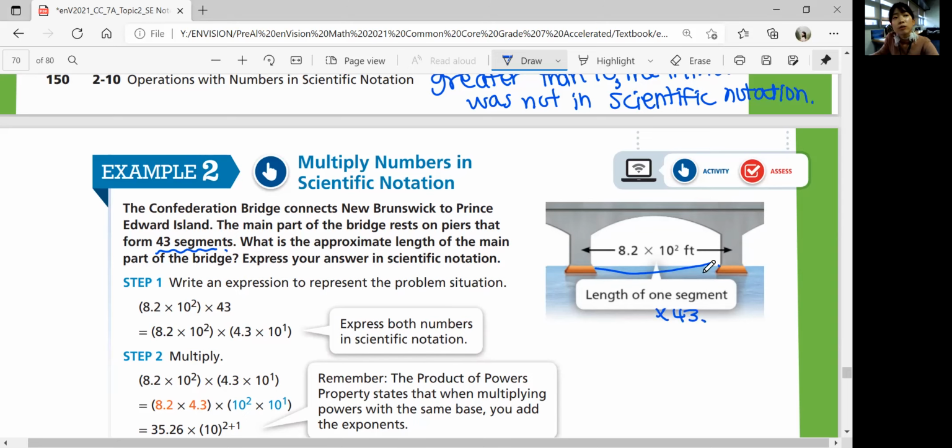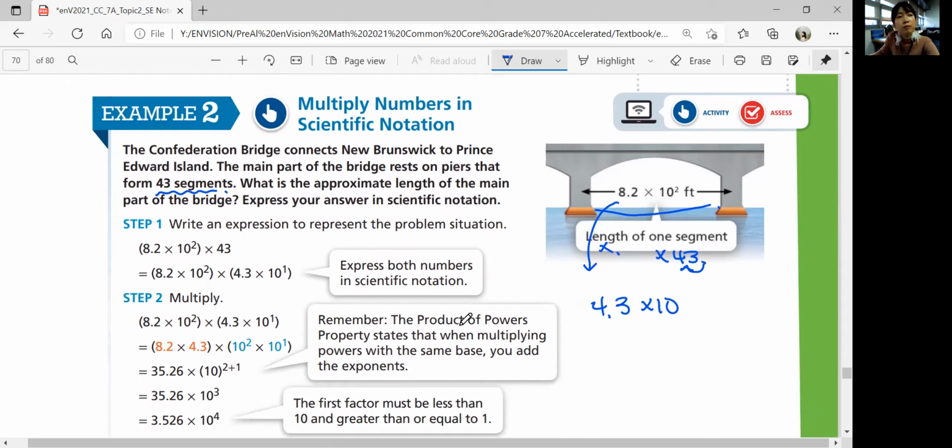And so you can say, I'm going to write this in scientific notation because you have to express your answer in scientific notation. So you're going to start with scientific notation in the beginning as well. So what's 43 in scientific notation? Move the decimal place by 1 place, and then you multiply by 10, and that's equal to 43. Okay. Step 2, you multiply these two numbers.